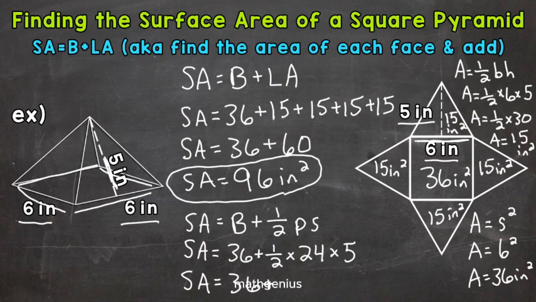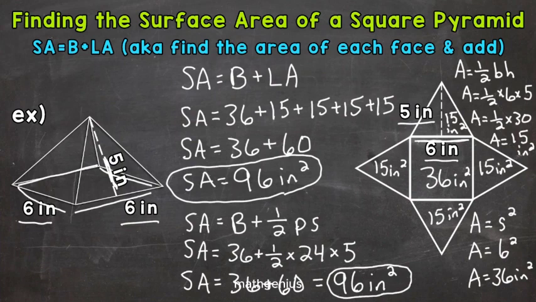So again, I did 1/2 times 24. That gives us 12 times 5 is 60. Now we end up with 36 plus 60. And that's going to give us a total surface area of 96 square inches. So we got the same answer as we did up top.